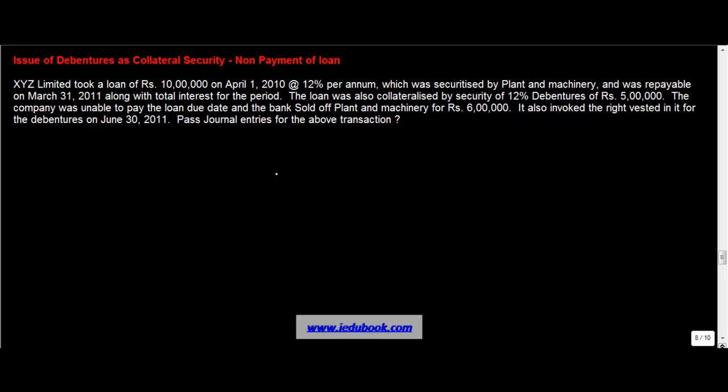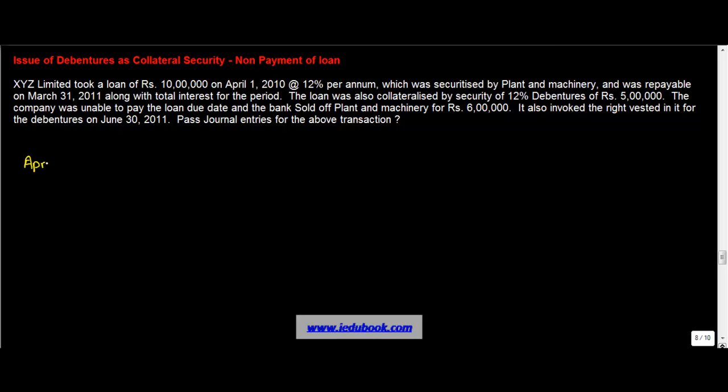XYZ Limited took a loan of 10 lakh on April 1, 2010 at 12% per annum, which was securitized by plant and machinery and was repayable on March 31, 2011. So let's prepare the timeline of the dates.